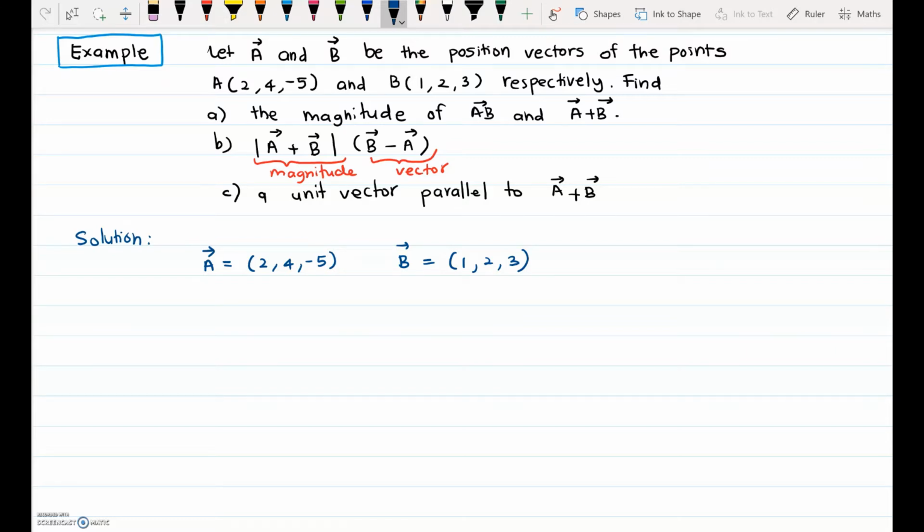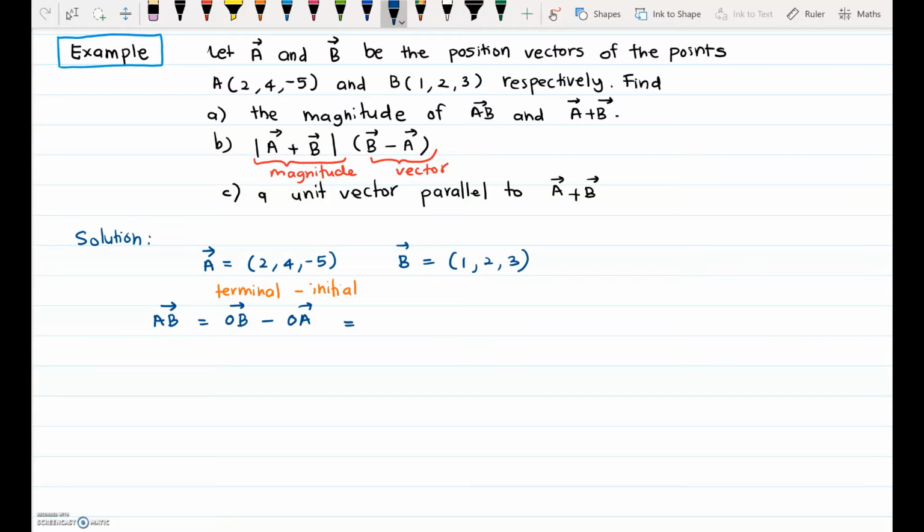The vector AB, remember, is terminal minus initial, which means it is OB minus OA. Again, the formula is terminal vector minus initial vector. Then what will be your AB?